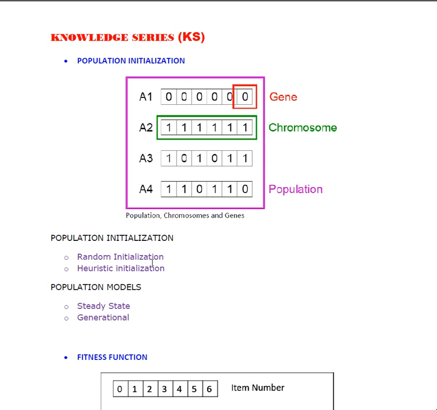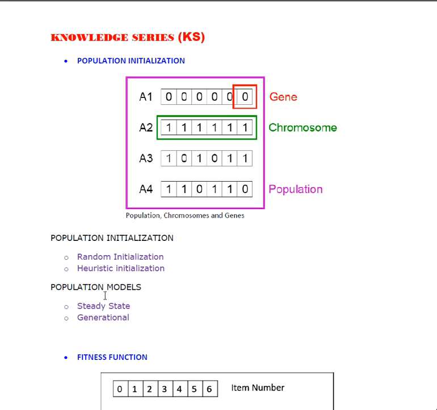Now, if you look across the population models, there are two types: steady state and generational. Steady state means we have one or two offspring. Offspring is the creation of a child after each iteration, and this is replaced by one or two individuals of the population.